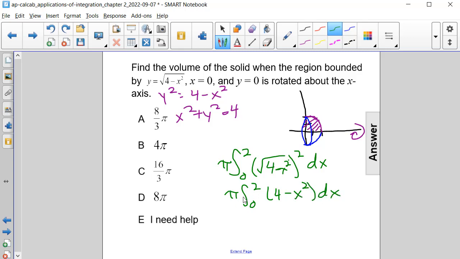Okay, now let's integrate. So when we integrate, we still have the pi out in front, and then we have 4x minus x to the third over 3. And we're going to evaluate that from 0 to 2.